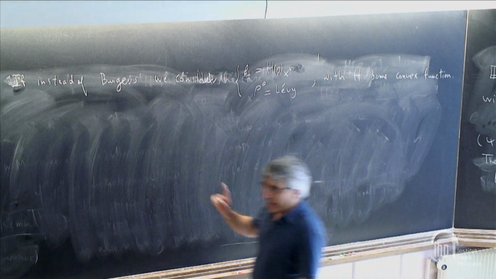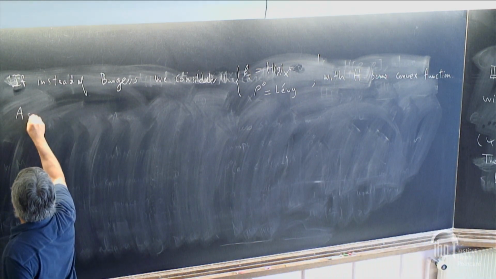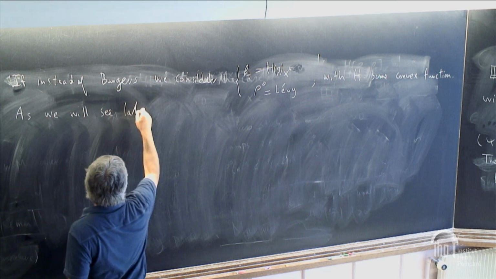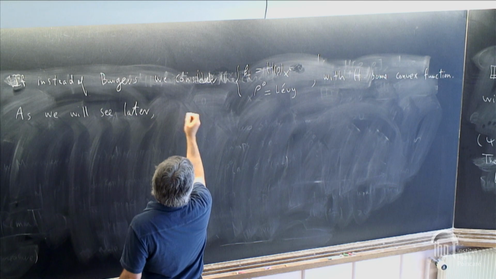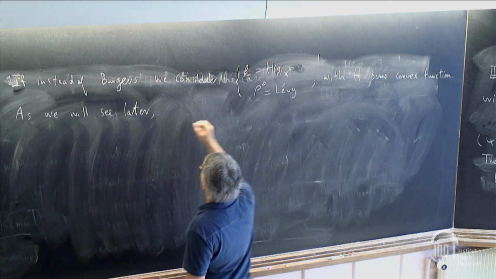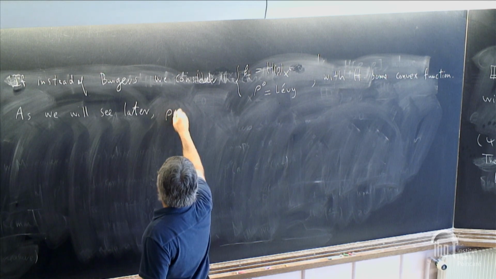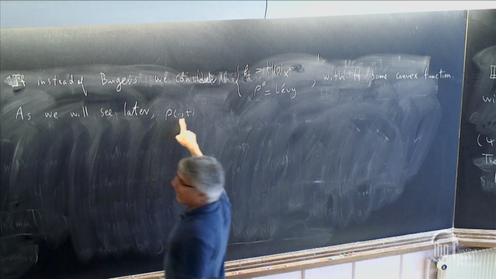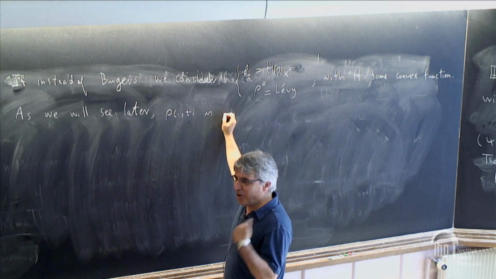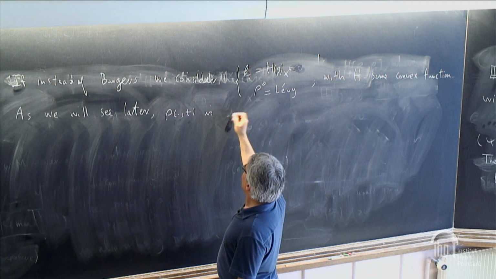Now, as we will see later, if you start with Lévy, rho at later time is still a Markov process, but it's not going to stay Lévy unless h is quadratic.